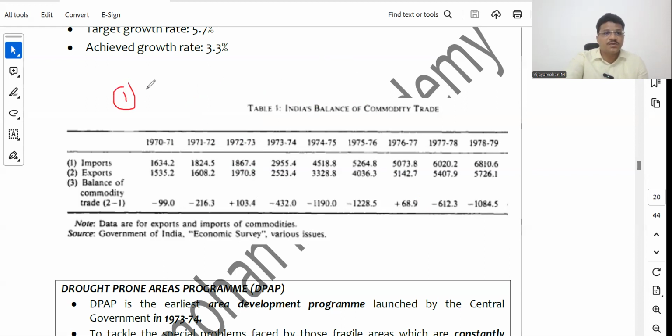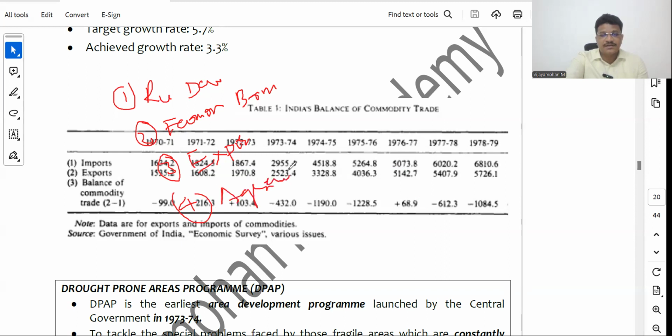Three things. One was rupee devaluation during 1966, the second thing is the economic boom in the international economy during the 1970s, and the third one is the export incentives given by the government during those years, and the fourth one is that agricultural productivity or production improved during the initial periods of 1970-71.